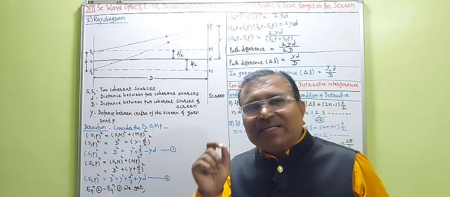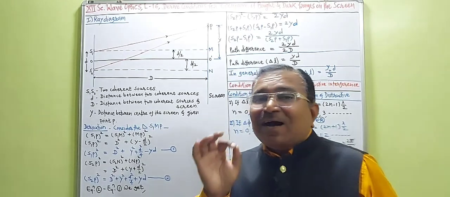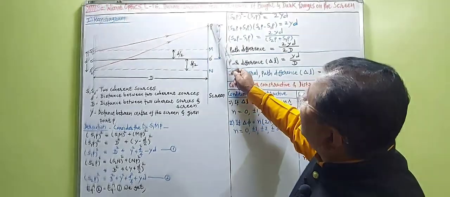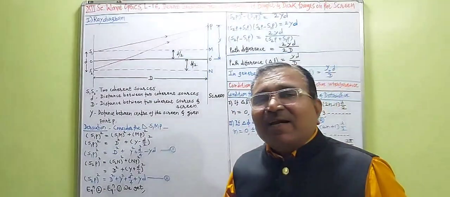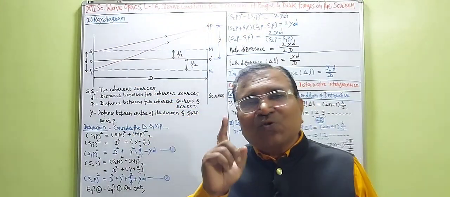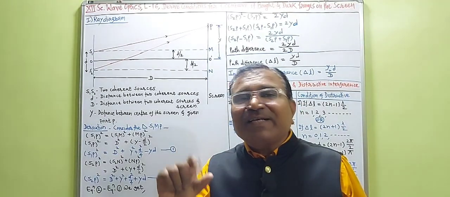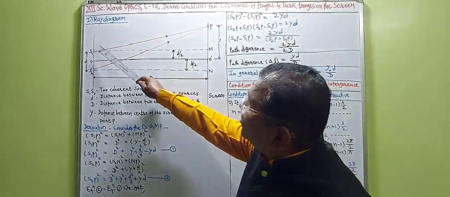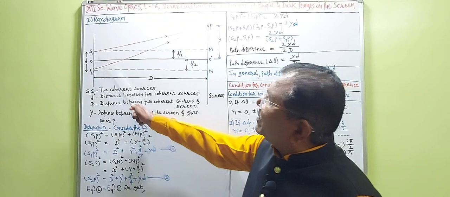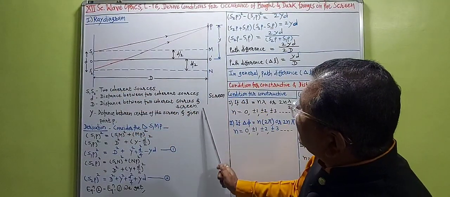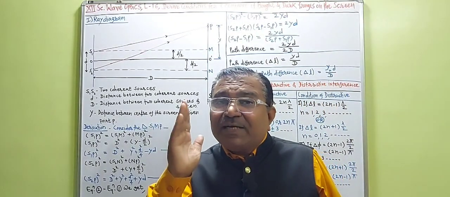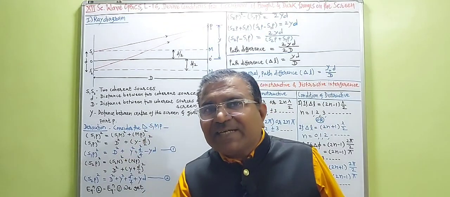We have to derive the condition, and for that purpose I have taken point P on the screen. See here, this is point P on the screen, and these S1 and S2 are the two coherent sources. They are very close. The distance between the two coherent sources is small d, and the distance between the two coherent sources and the screen is capital D. Remember well, capital D is very much greater than small d.